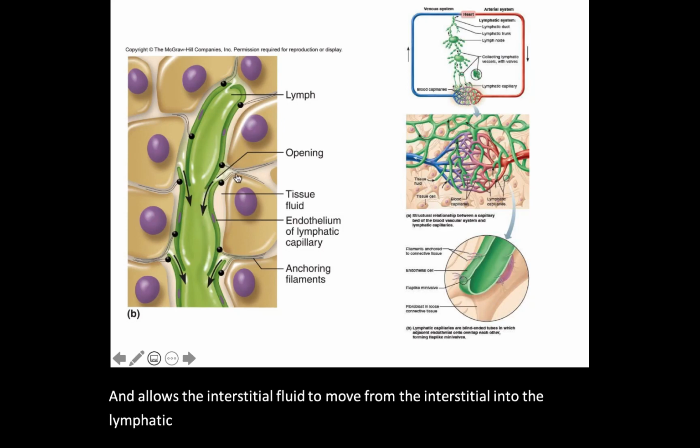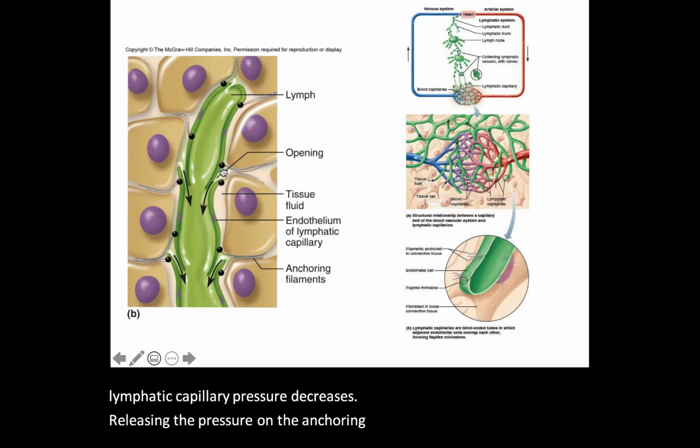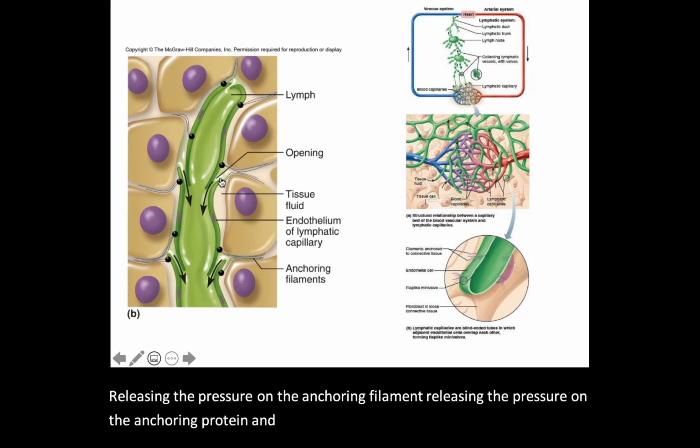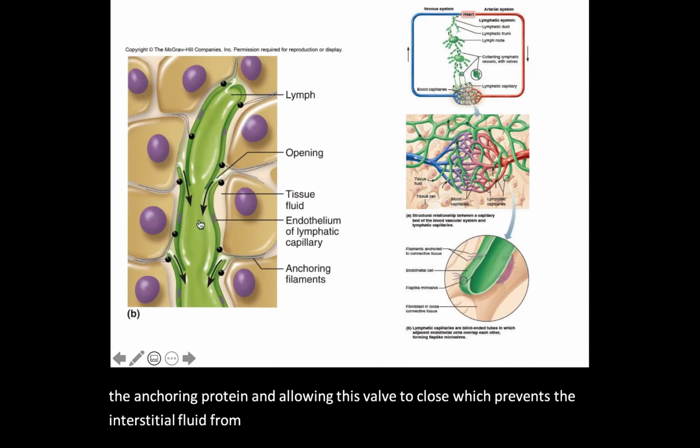Pressure decreases, cell expands, releasing the pressure on the anchoring filament, releasing the pressure on the anchoring protein, and allowing this valve to close, which prevents the interstitial fluid from moving into the lymphatic capillary.